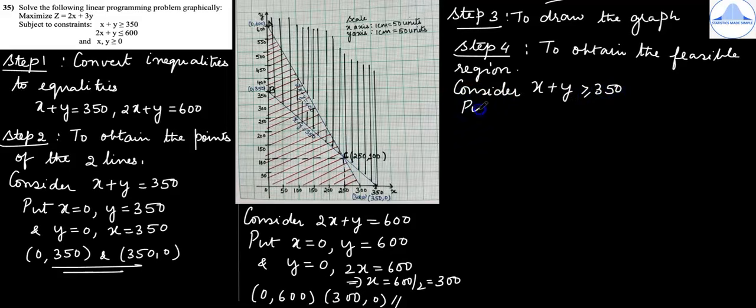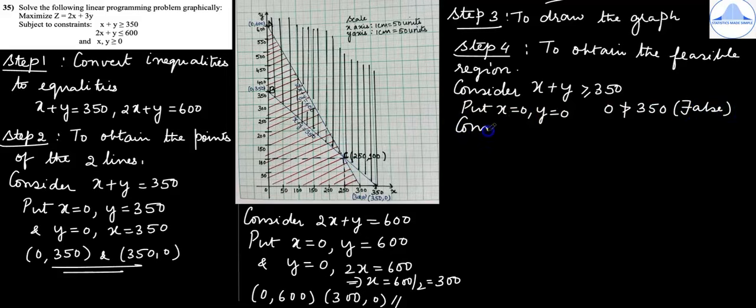Now here you put both x equal to 0 and y equal to 0. So we get a 0 on the left hand side, and you have to check now whether 0 is greater than 350. So 0 is not greater than 350, so it is false.